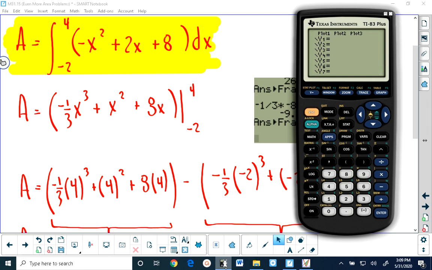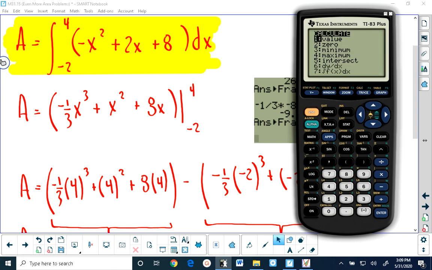And if you did your work correctly, when you graph the integrand, negative x squared plus 2x plus 8, you're going to discover a couple of things. One of them is the graph of the integrand will have x-intercepts exactly equal to your upper and lower boundaries for the integral. The other thing you should discover is that the graph lies entirely above the x-axis between those 2 points. You can see that it does cross at negative 2 and 4, and it is above.